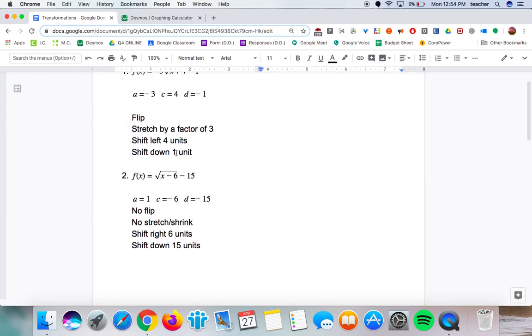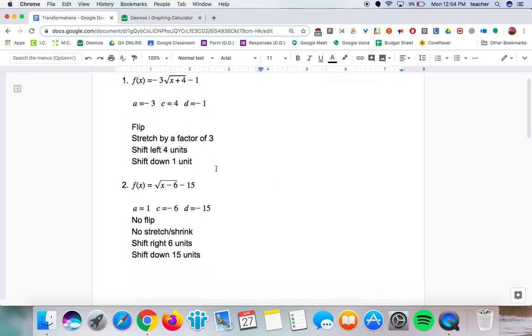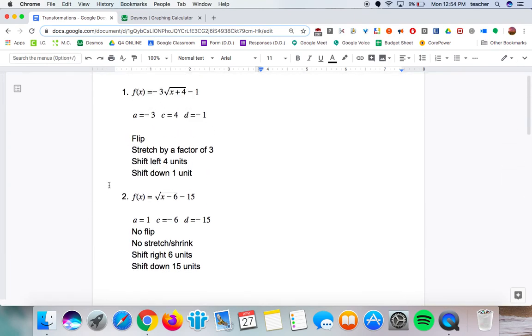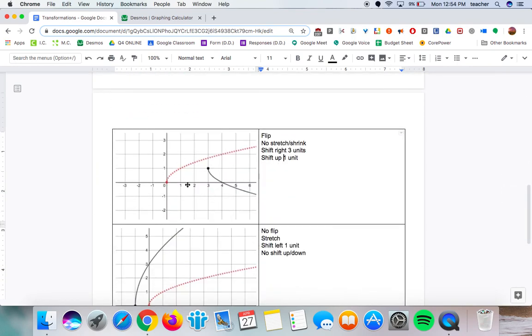I might give you this right here and then ask you, which graph actually shows these transformations? Or I might give you the picture and ask you to write the transformations from that. So same idea, nothing is really changing, but instead of just looking at the words and the numbers, now we're looking at the picture as well. So we're just going to take everything and put it all together.